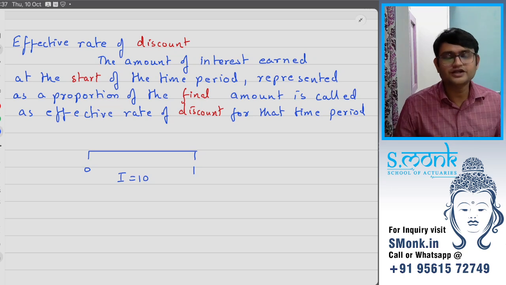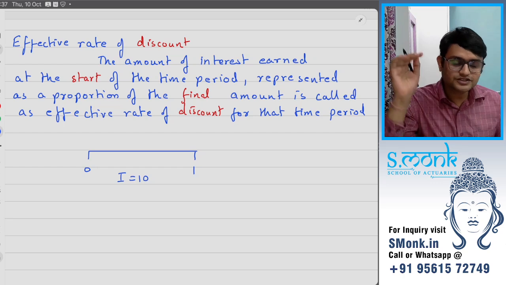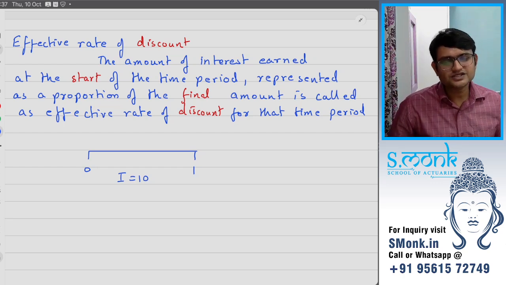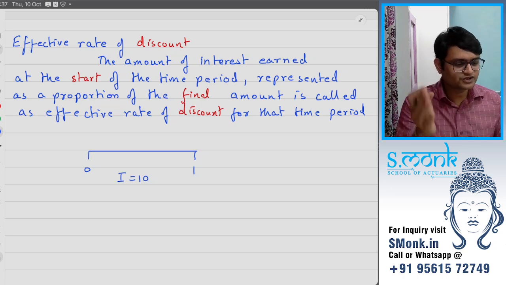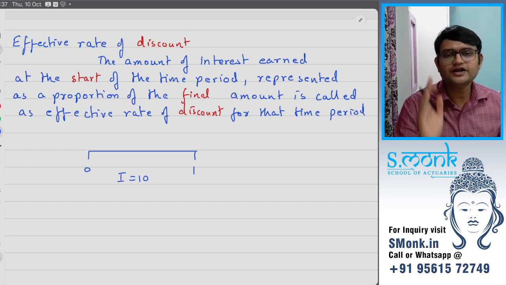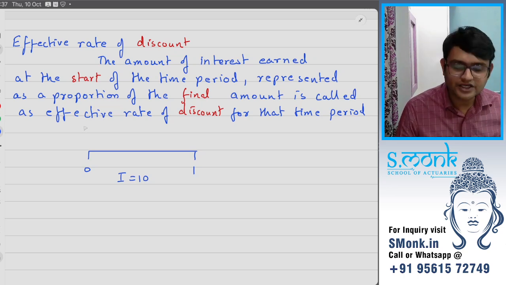You have to pay the interest right now, when you take money from me. In such a case, you will say, okay, I need 100 rupees, I will be paying interest of 10 rupees to you, so give me 110 rupees, and deduct the interest right now.